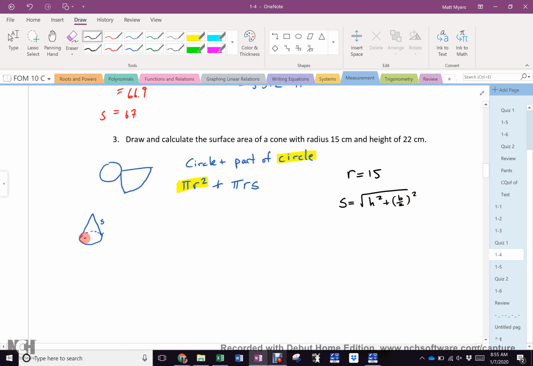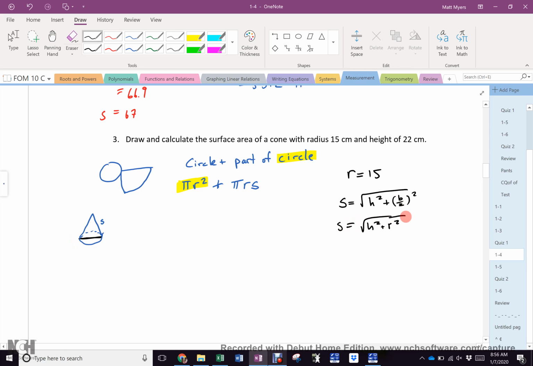Now the base here is this, isn't it? That's a line straight through the middle of a circle, yeah? What do we call that black line? Diameter, right? But I need half of that base. What do we call half the diameter? So when I'm dealing with a cone, the slant is the square root of h squared plus r squared.